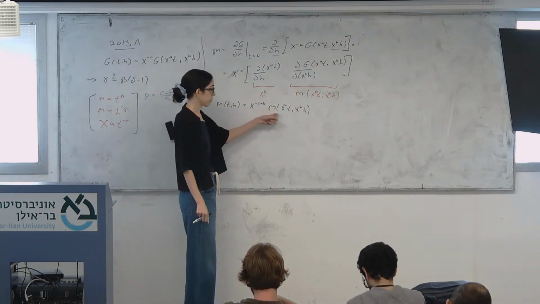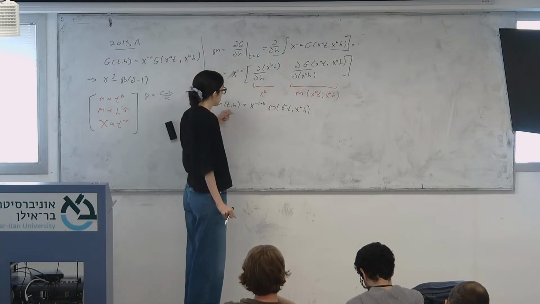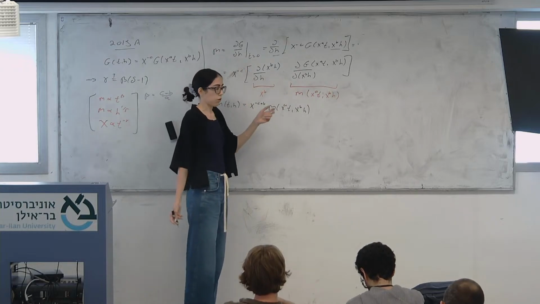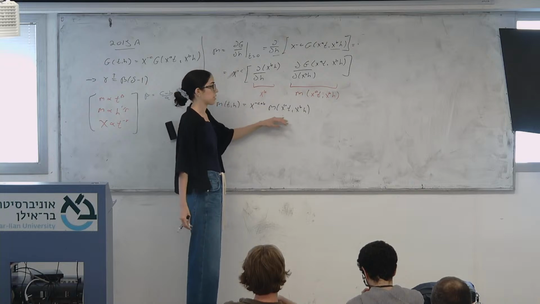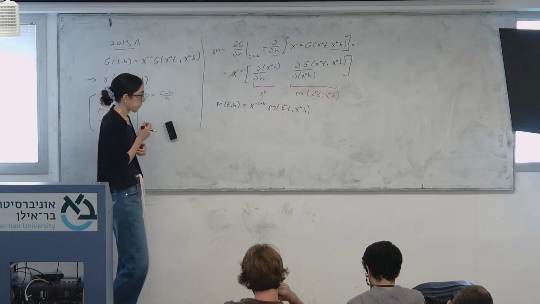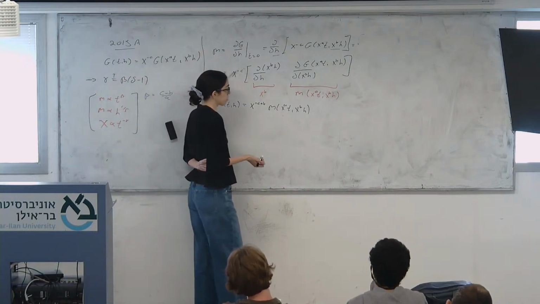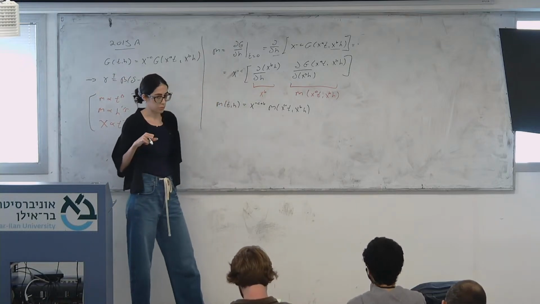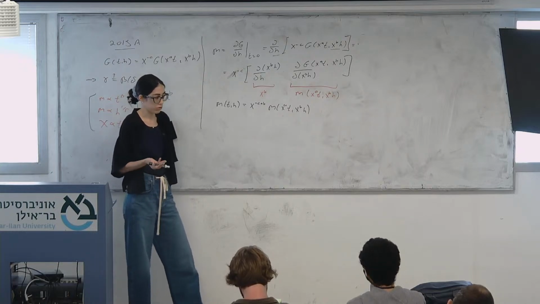The homogeneous equation for the magnetization is still the same equation. What's going to change is how we choose the value of x. Earlier we wanted something that depends on the temperature, now we want something that depends on the field.